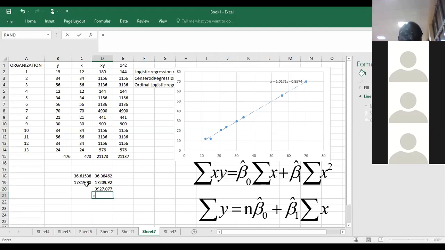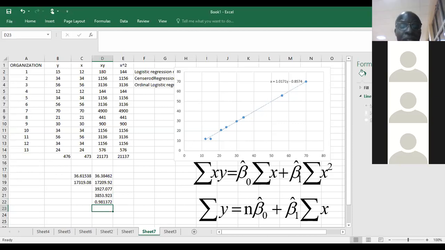Beta 1 equals 3853.9 divided by 3927.08, which is 0.98.